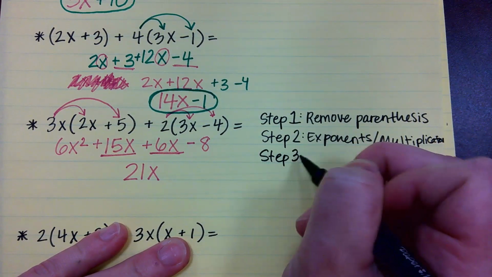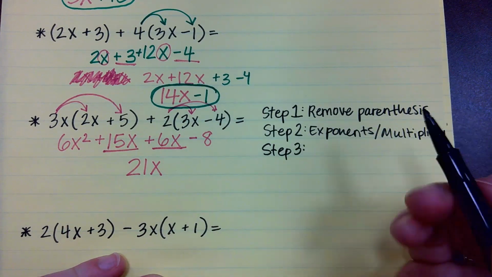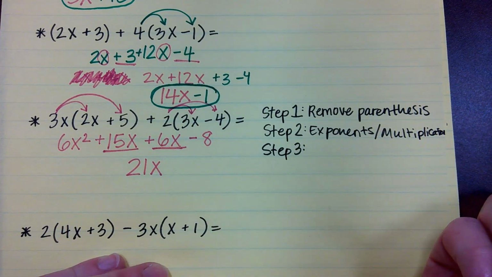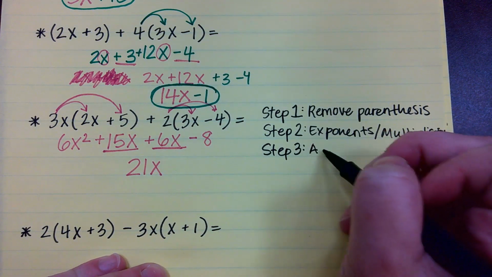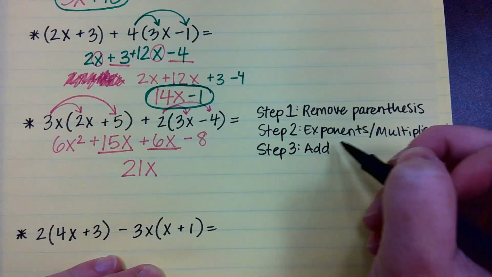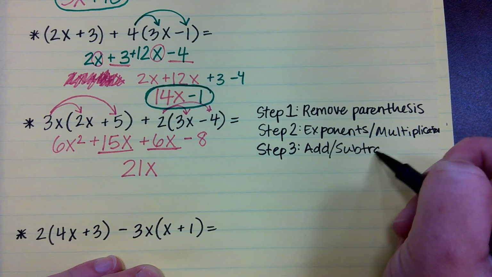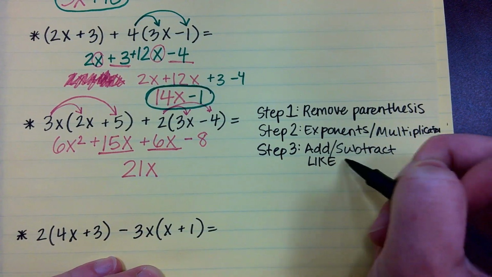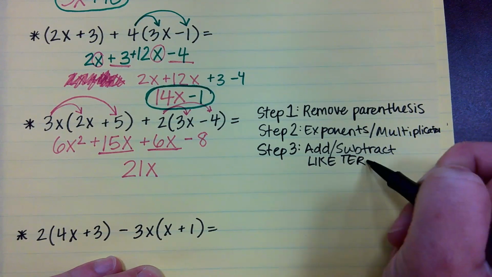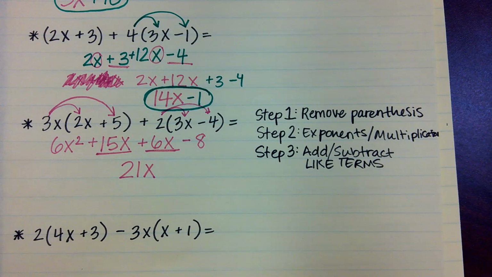Step 3, once you've gotten rid of all the parentheses and the exponents, we're not doing any more multiplying, so they're gonna stay. You're just doing that adding and subtracting. We're just following the order of operations. Okay, so there's a little step-by-step guide.